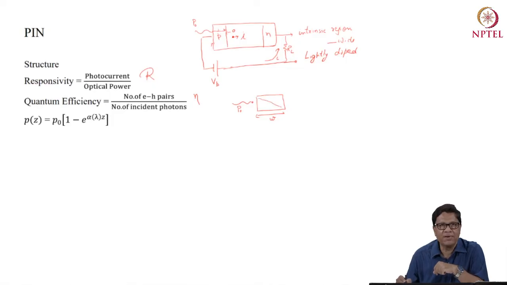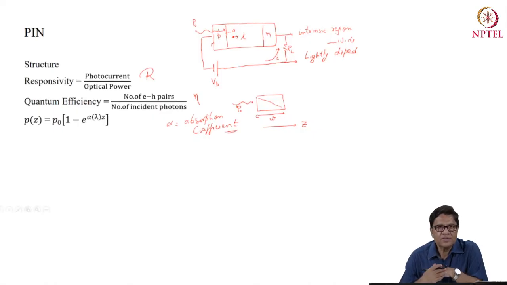This is a function of Z: the power at some point Z is P(Z) = P0 into (1 minus e^(-alpha(lambda) Z)), where P0 is the incident power, Z is the distance, and alpha is the absorption coefficient, which is a function of wavelength. This is the power at some point inside the semiconductor.